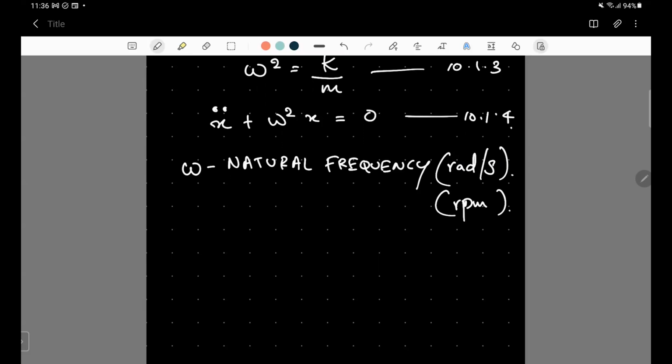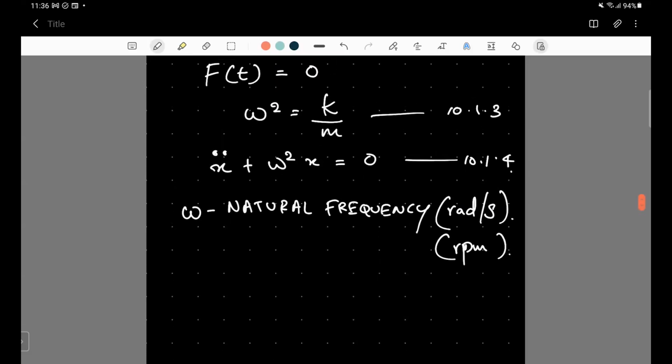So you can see that from this equation 10.1.3, the natural frequency of this structural element depends on the spring constant or spring stiffness k, and of course the mass of the body.